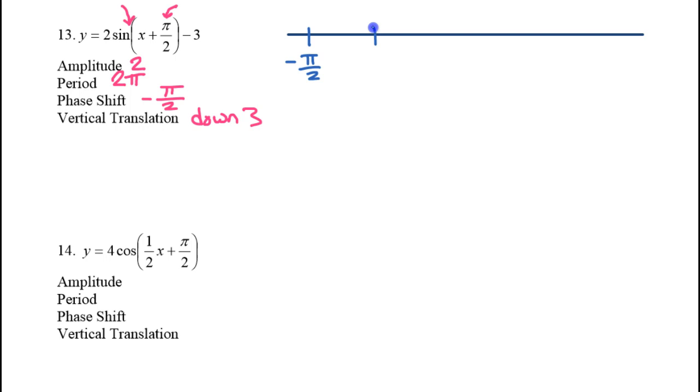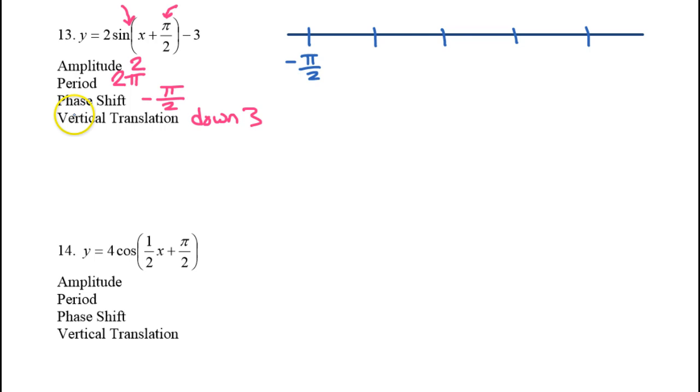Now let's go ahead and put 4 additional marks: 1, 2, 3, 4. Since I've created 4 spaces, each space represents a quarter of a period. So to find the other labels, I can just start with -π/2 and add a quarter period each time.